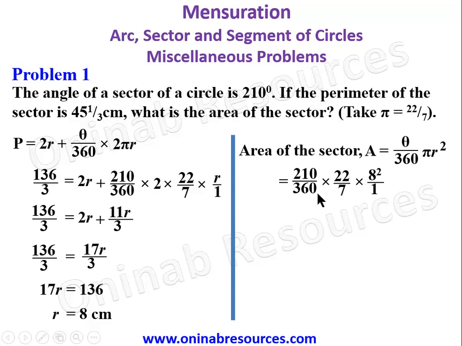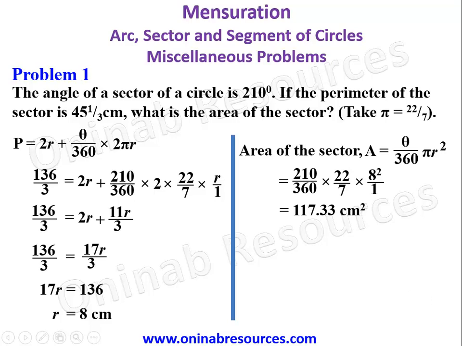Pressing our calculator, we have 117.33333, which is 117.33 centimeters squared, giving our answer to 2 decimal places, since we are not given any degree of accuracy. So this has done justice to problem 1.